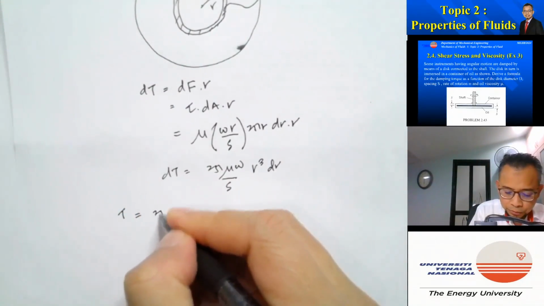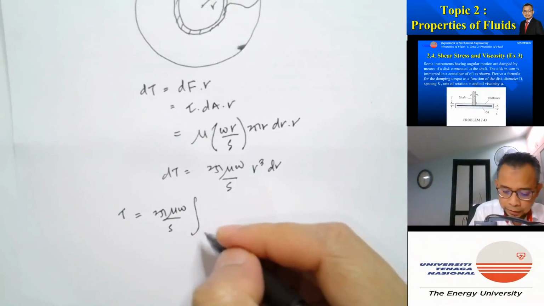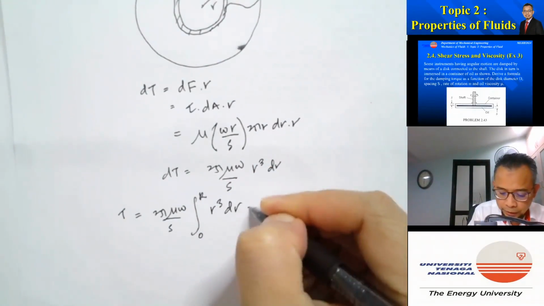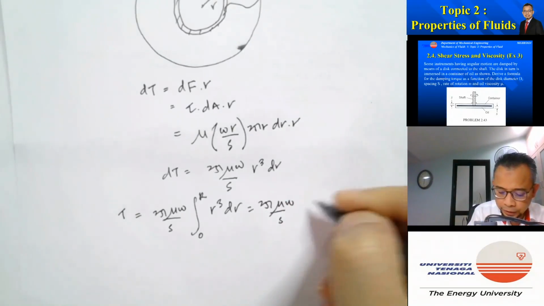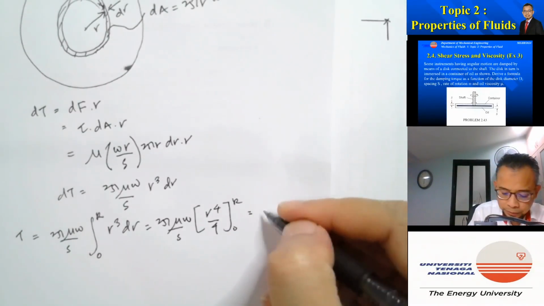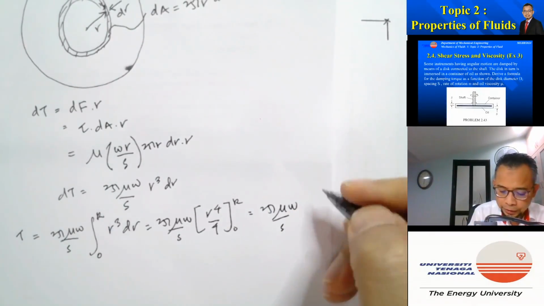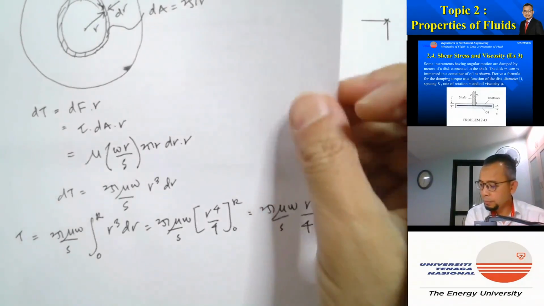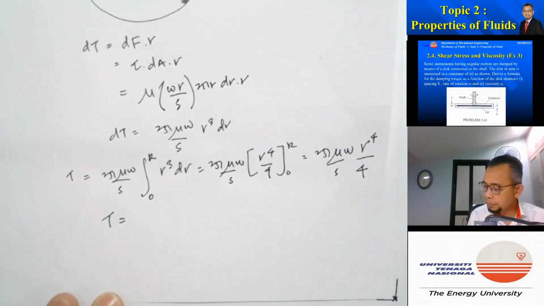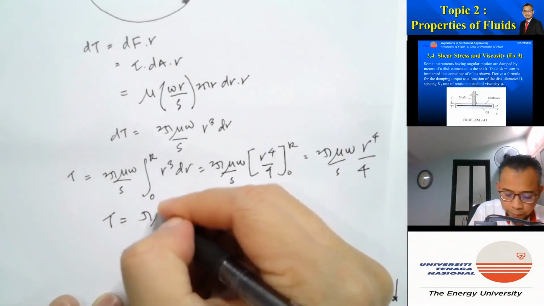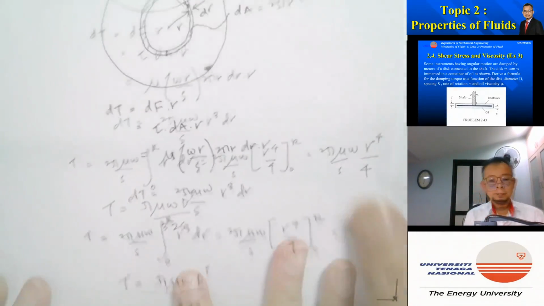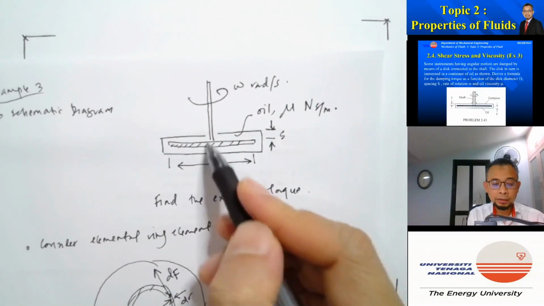Torque is 2 pi mu omega over s, integral from 0 to r of r cubed dr, so 2 pi mu omega over s, r to the power of 4 over 4. You change that to d, so that gives us torque equal to pi mu omega d to the power of 4 over 32s, right? That's the torque on one surface, either at the top or at the bottom.